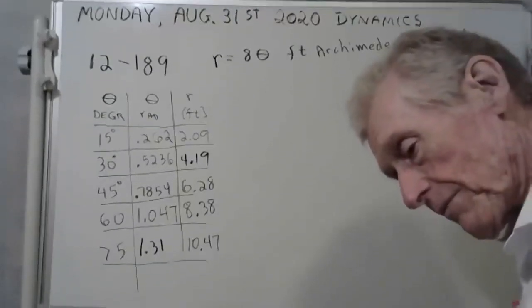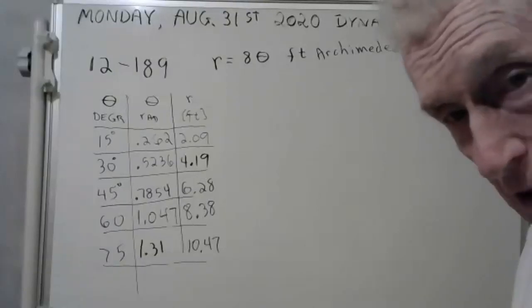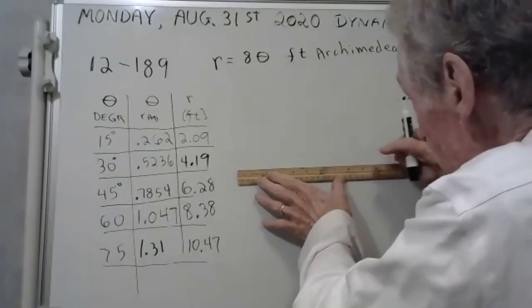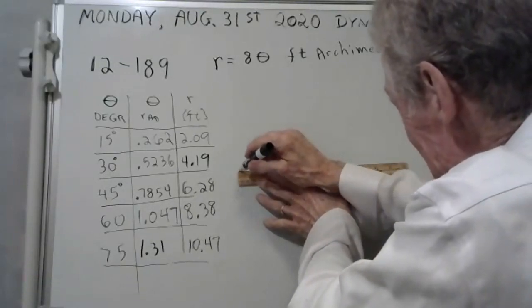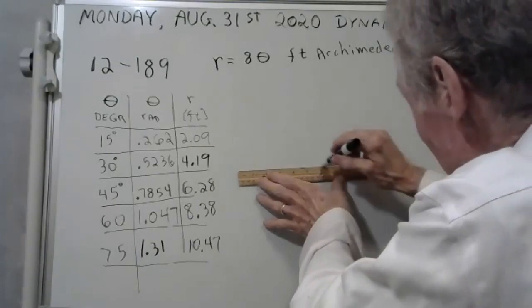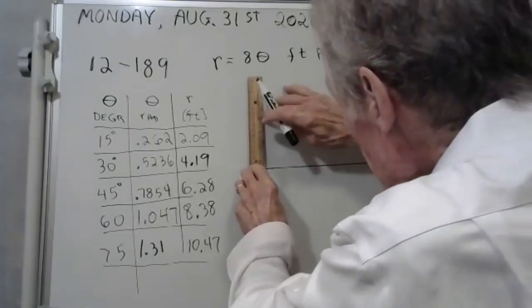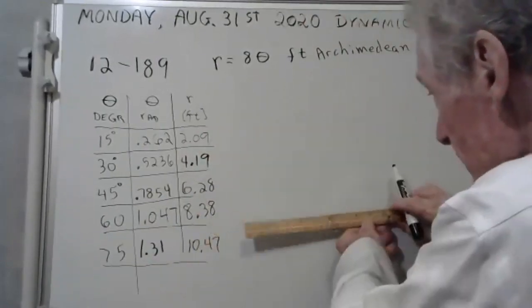Here it goes. And see, this is what you're supposed to do. When you do these problems, you're supposed to make a graph. Yeah, let's make it down lower. I got a feeling I need the room here.